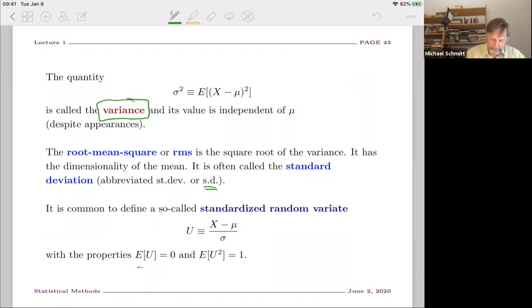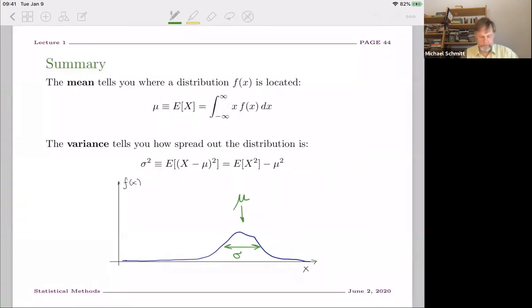All right, so the mean of u is 0, and the variance of the standardized random variate u is 1. Okay, so to summarize, the mean tells you where things are, like in the drawing, and the standard deviation, or the variance, tells you how spread out it is compared to the mean.